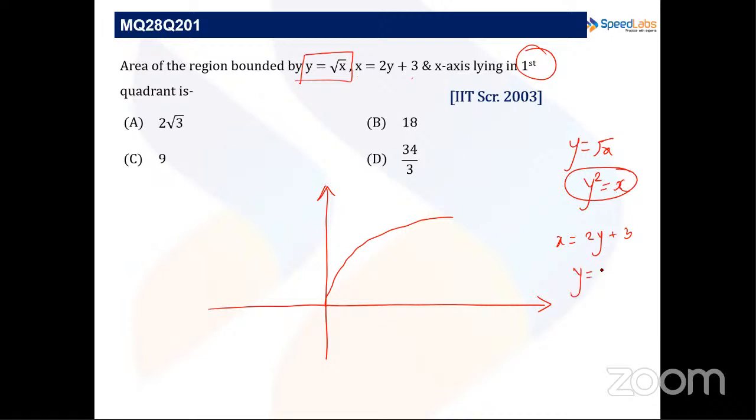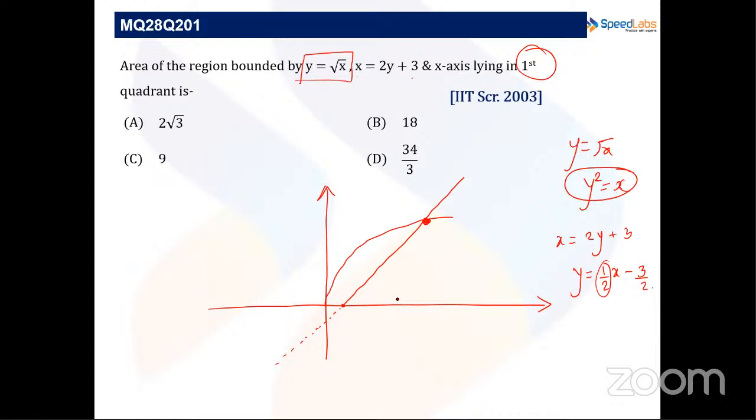So this is y equals to 1 by 2x minus 3 by 2. So it is having slope 1 by 2, and intercept with y-axis is minus 3 by 2. So it would be coming from here somewhere. Now for this point, this straight line will go like this.